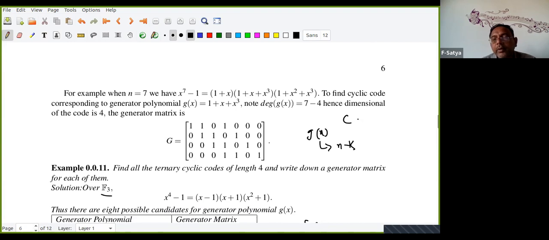Then the cyclic code's dimension is (n, k), because my generator matrix becomes k cross n. So degree 3 here, the generator matrix size is 4 cross 7. This 7 is the length of the codeword. The degree is n minus k, then G becomes a k cross n matrix, because the first row corresponds to G(x), the second row corresponds to x into G(x), like that.